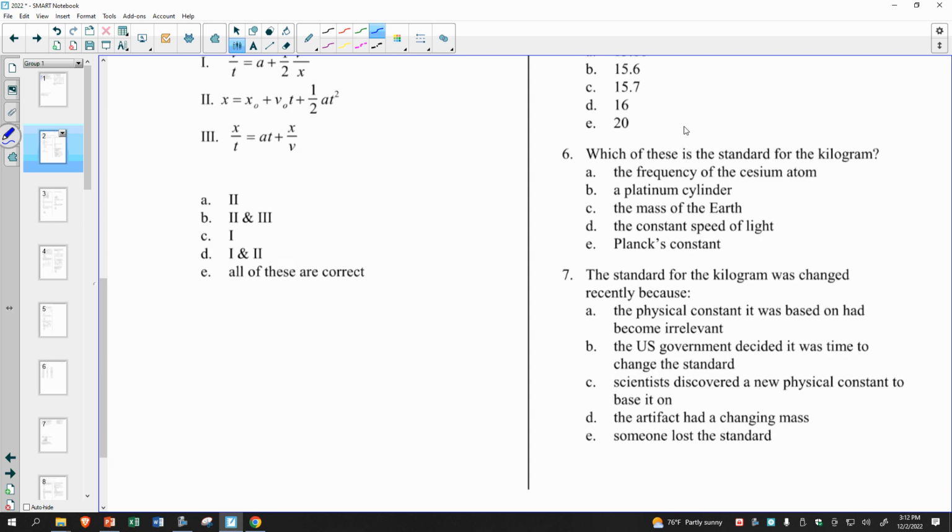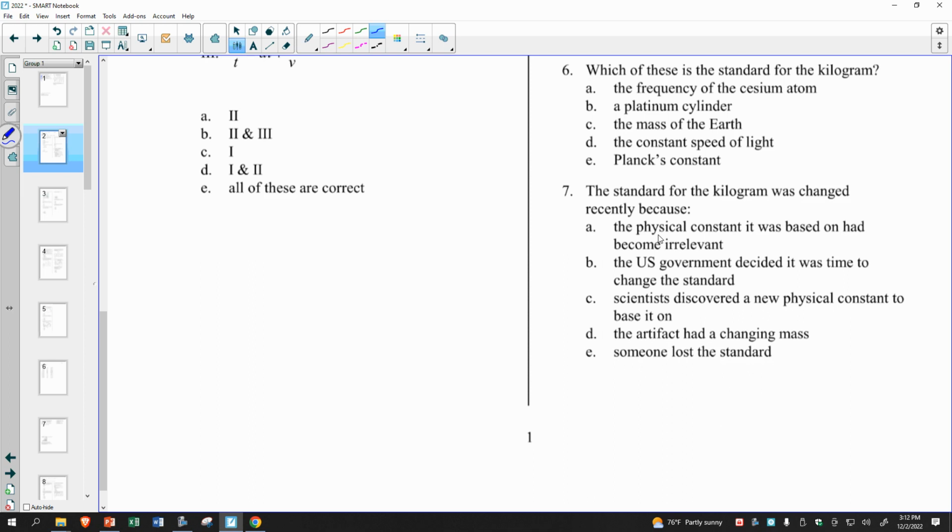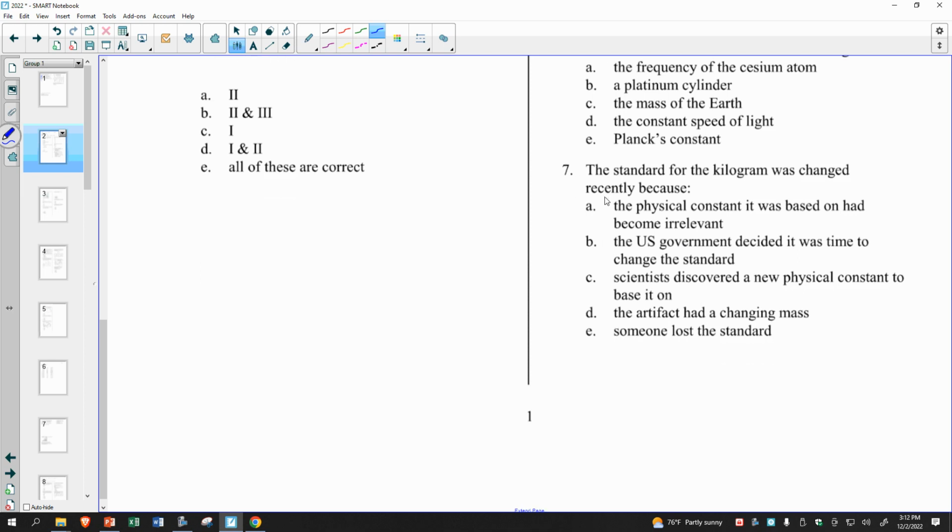So for example, on these, the way that I would change them, number 6, I could ask which of these is the standard for the second, or the meter. And actually those are here: the frequency of the cesium atom, that's for the second, and for the meter, it's the constant speed of light. Okay, so just because it says kilogram, know that it could be something else, like second or meter, so know all those standards.